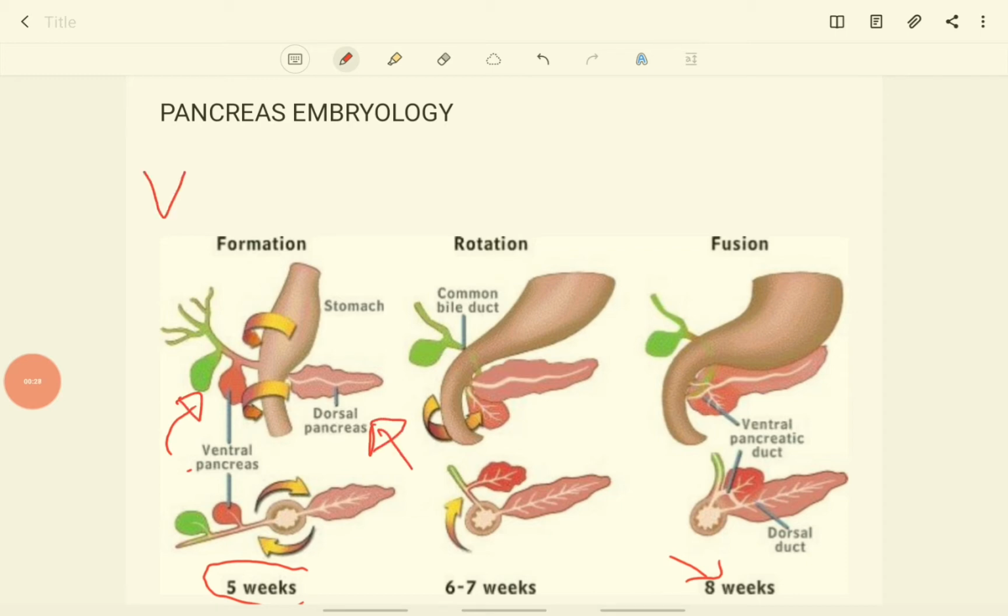The ventral pancreatic bud gives rise to the uncinate process and a major part of the major pancreatic duct. The dorsal pancreas gives rise to the body, tail, isthmus and accessory pancreatic duct.